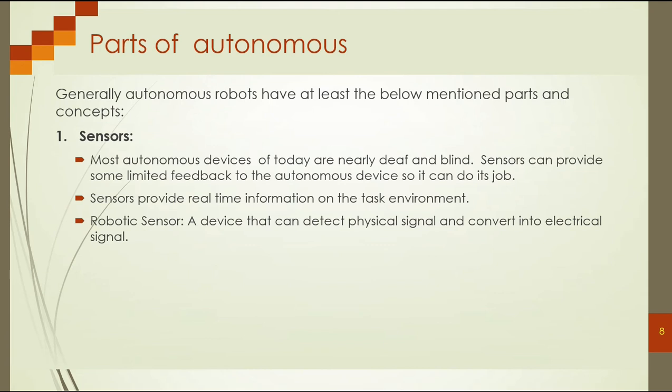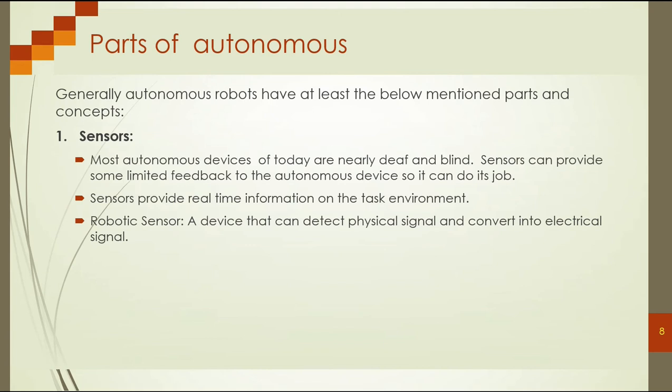For example, a vacuum that cleans until it stops when the room is completely clean. This kind of system needs to check whether the room is clean or not. So here also, the sensors can provide real-time information.